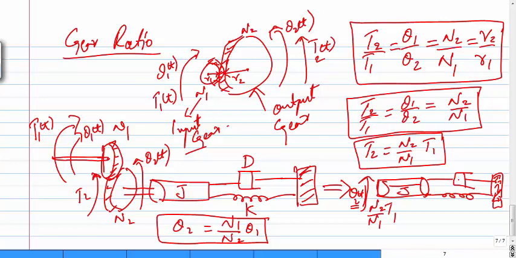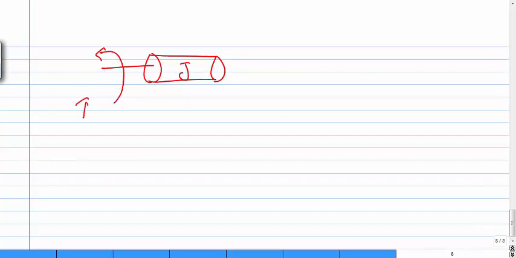Okay, so we have the damper D here and the spring here. Now to make things further easier, we have a damper and rotating inertia here, and we have applied torque, that is T1 times N2 divided by N1, and an angle, which we assume is theta 1, so we can convert theta 2 into theta 1 as theta 1 times N1 divided by N2.